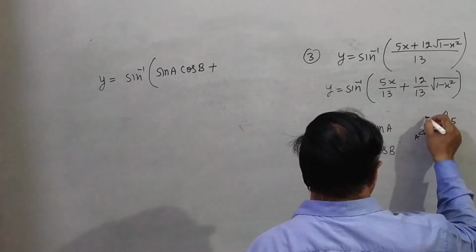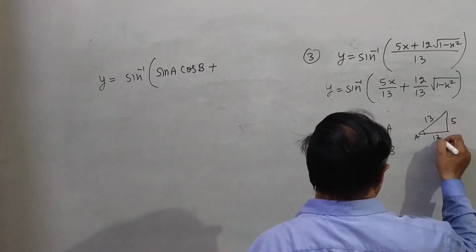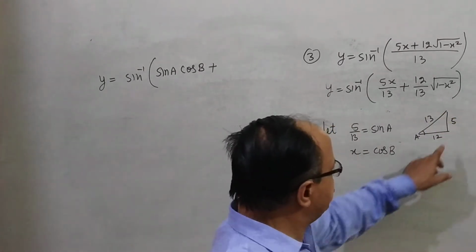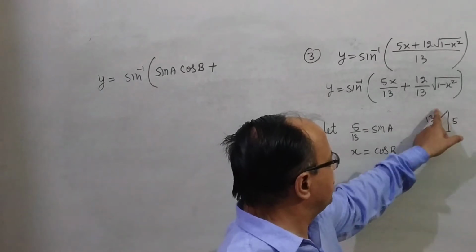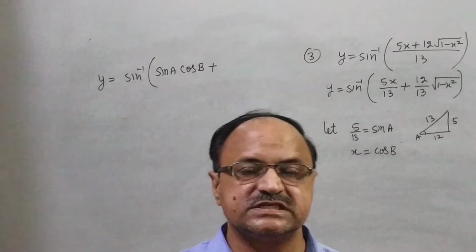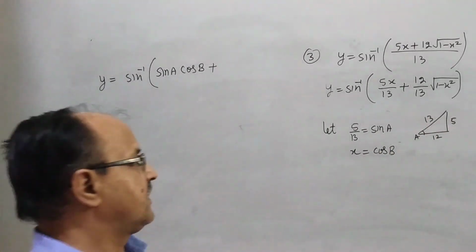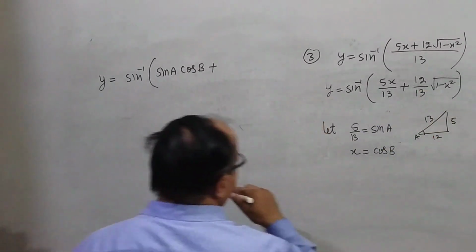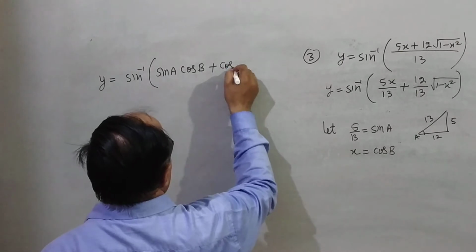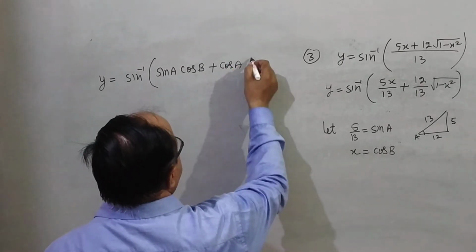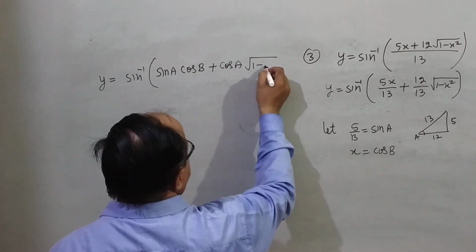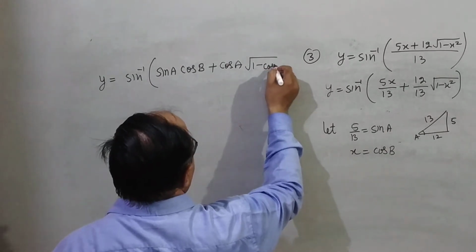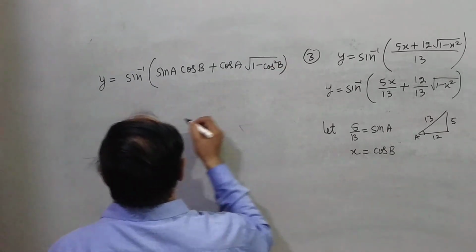This is 5 and this is 13, then this is 12. You know that perpendicular by hypotenuse is sine and base by hypotenuse is cos. So 12 by 13 you can write cos A, and the square root of 1 minus cos square B.